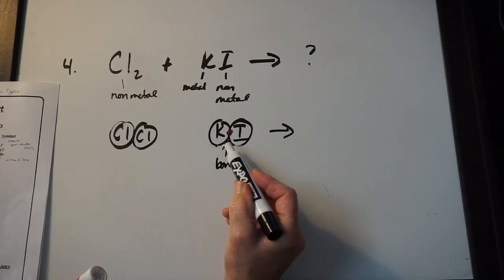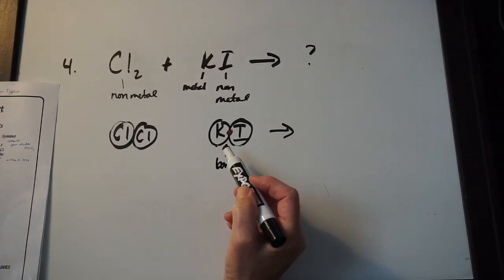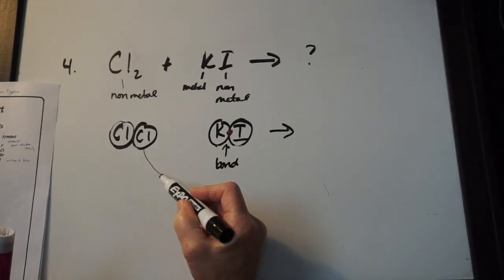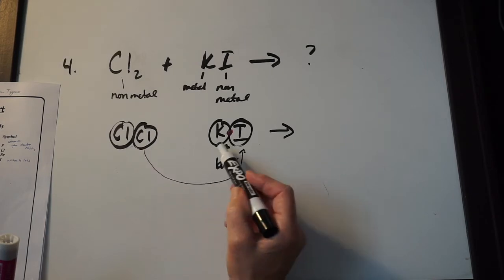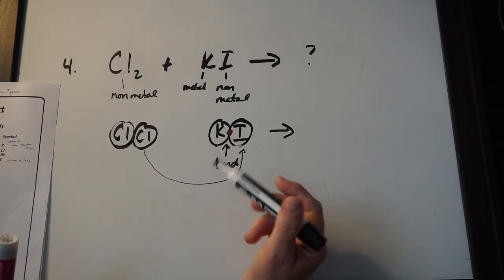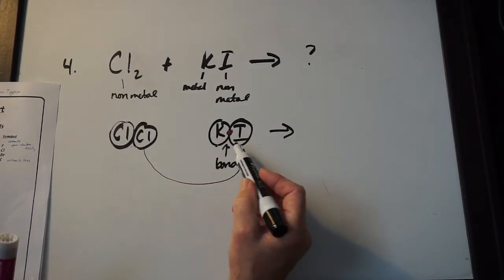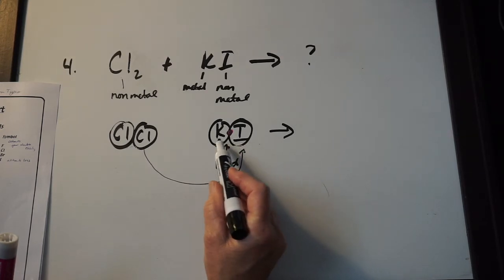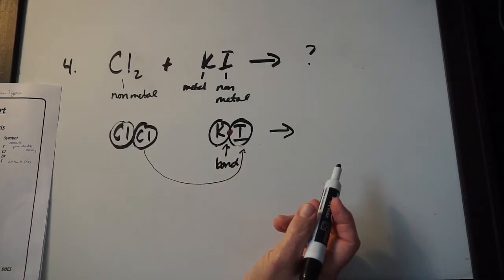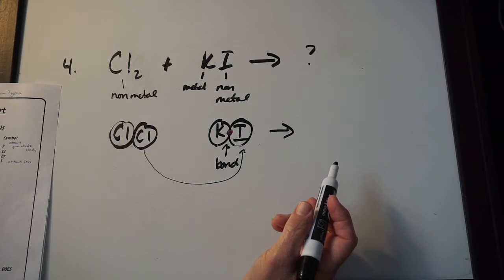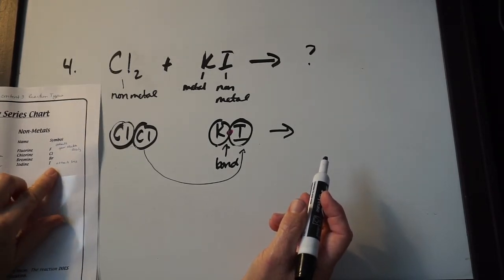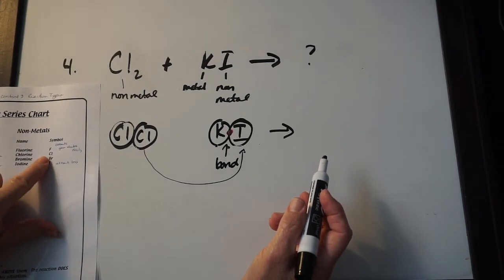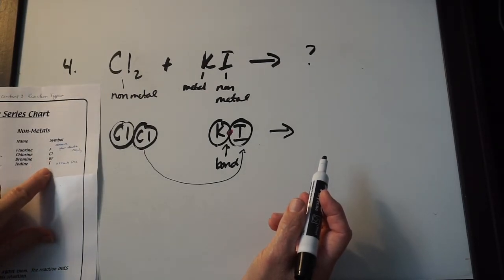Now the question is, is it easier for chlorine to attract potassium's electron, or is it quite stable right now with iodine attracting potassium's electron? So looking at our series, we can see that chlorine is above iodine.